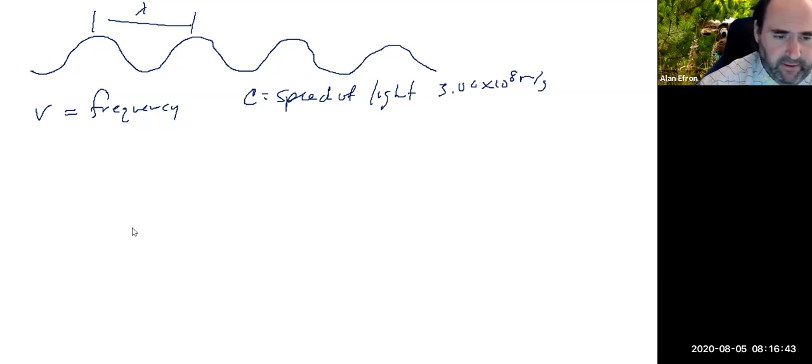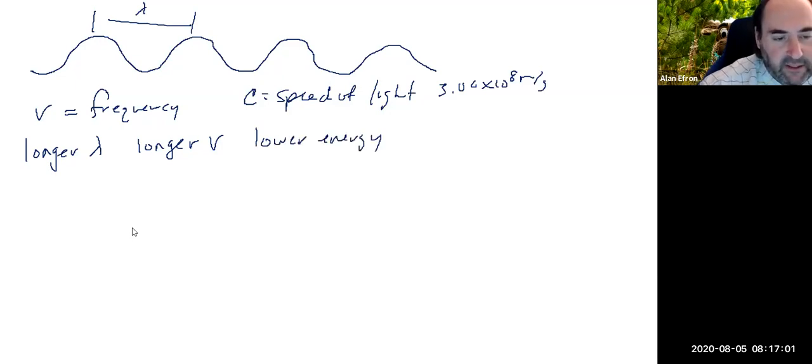And what we saw was that the longer the wavelength, the lower the frequency would be, and that usually results in lower energy waves.